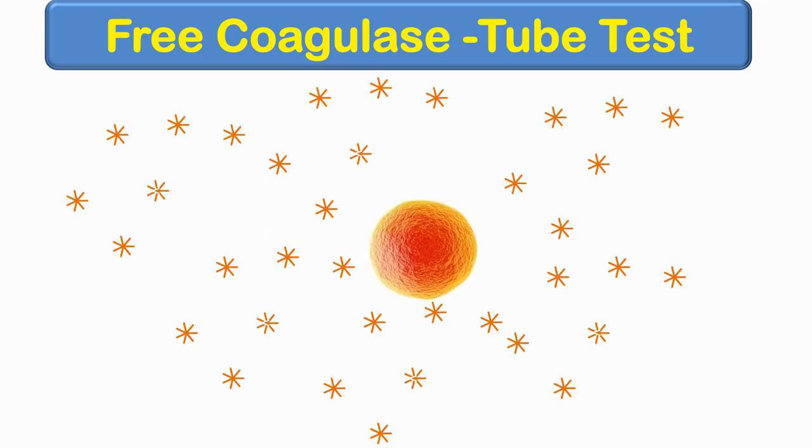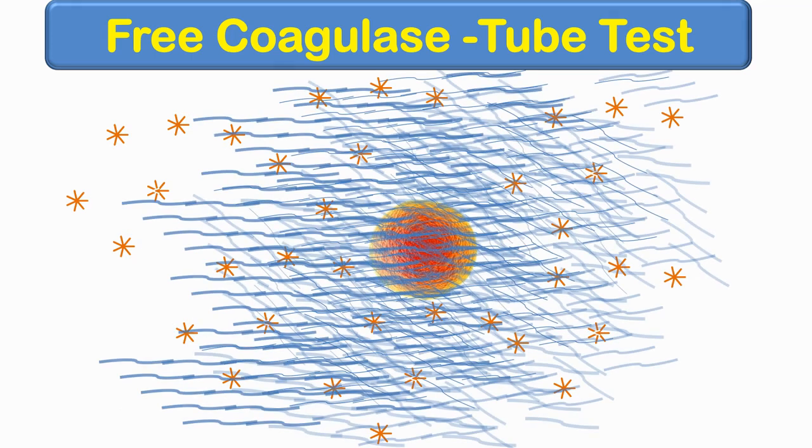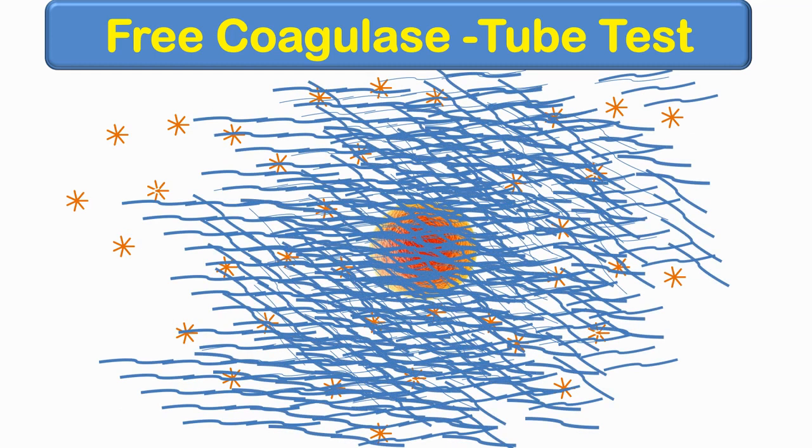It reacts with coagulase reacting factor, which is a thrombin-like substance. This combination of coagulase and coagulase reacting factor converts fibrinogen into fibrin strands in the solution. This leads to the formation of a visible clot.